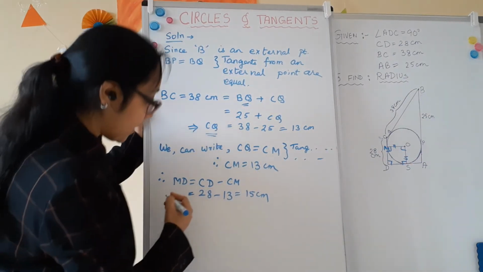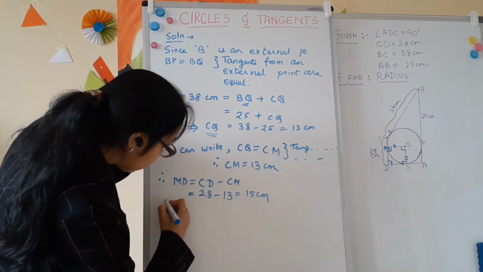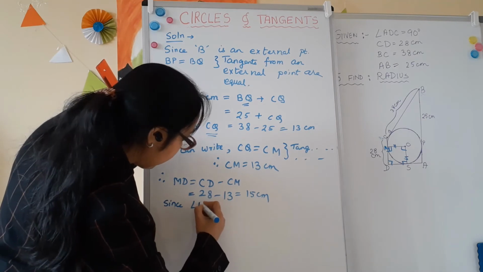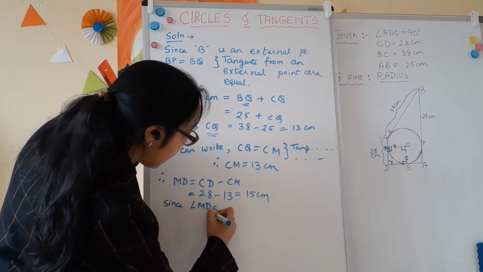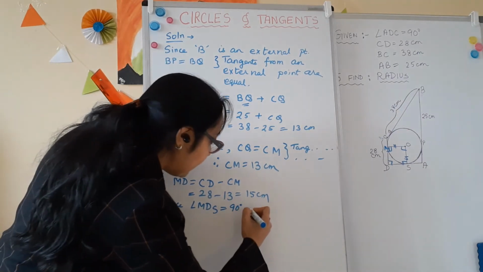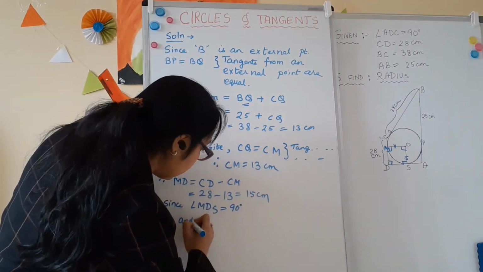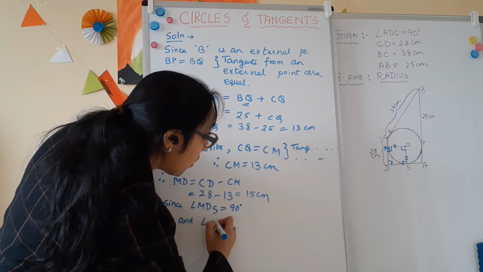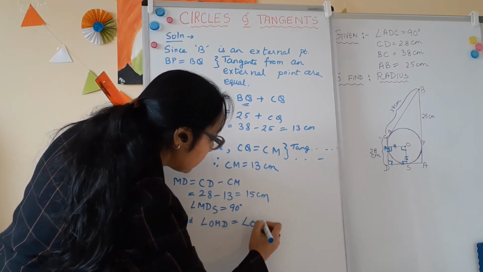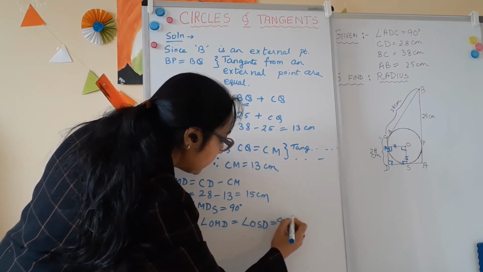So here just write it down that since angle MDS is equal to 90 degree, and angle OMD will be equal to angle OSD is equal to 90 degree.